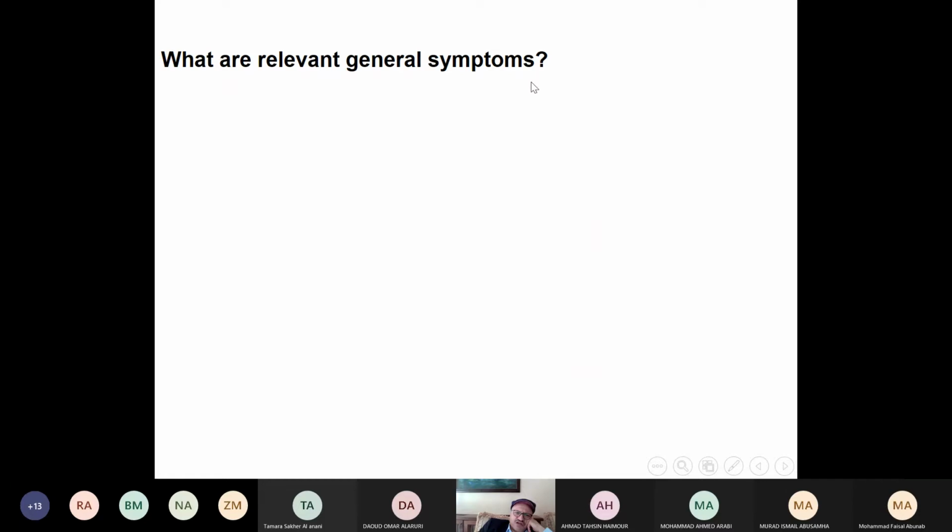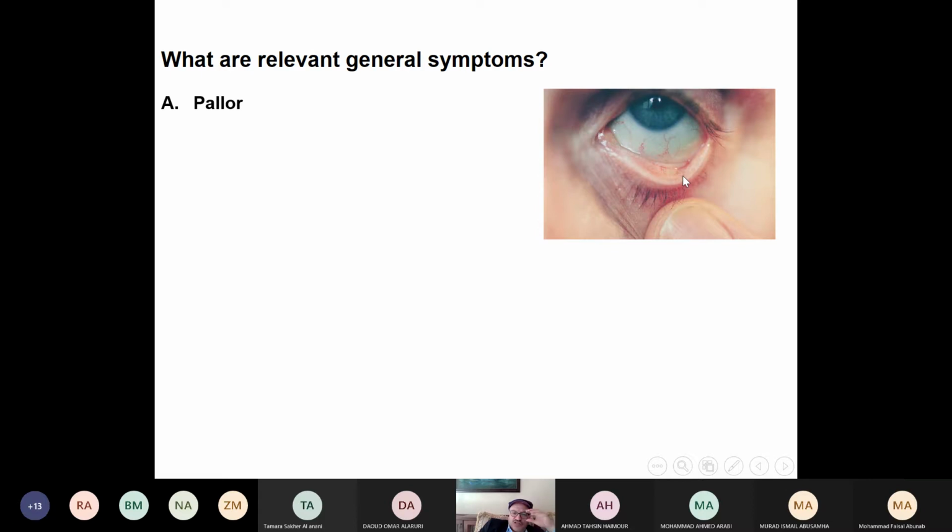What are the relevant general symptoms you need to ask about? Loss of appetite, weight loss, fever maybe, fatigue, pallor.